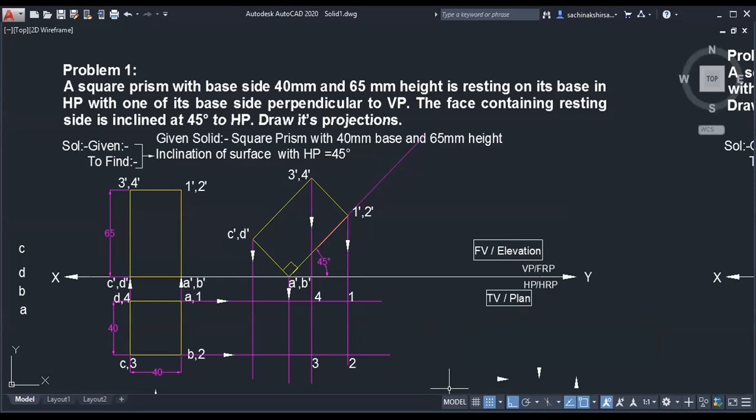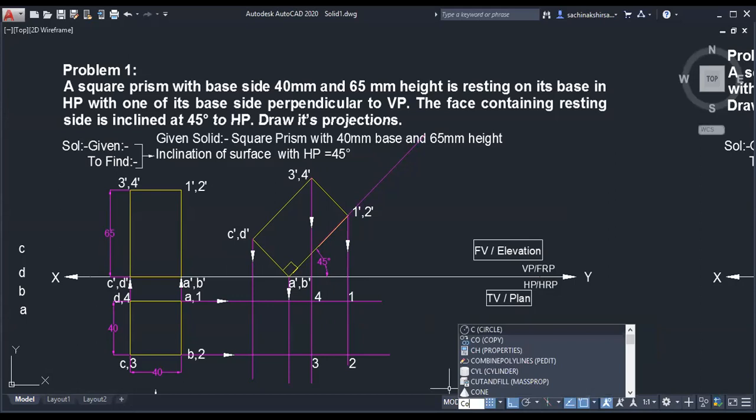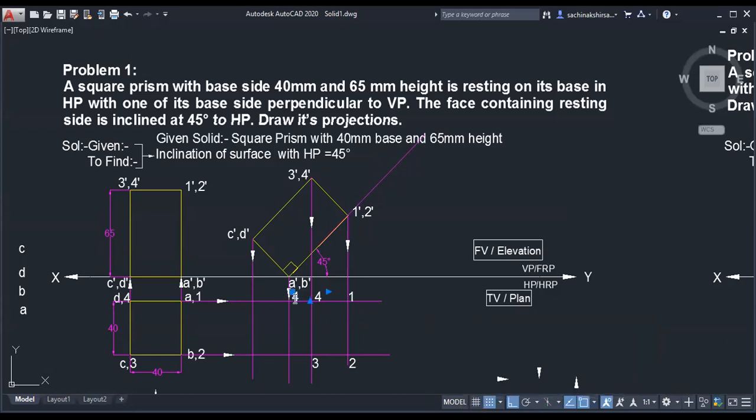Okay. This is our top surface. Similarly, the bottom: A, B, C, D. Point A will be here.